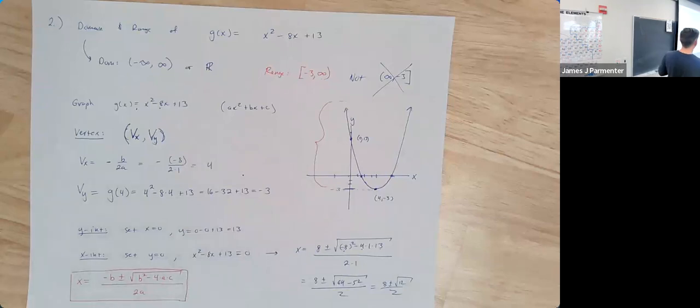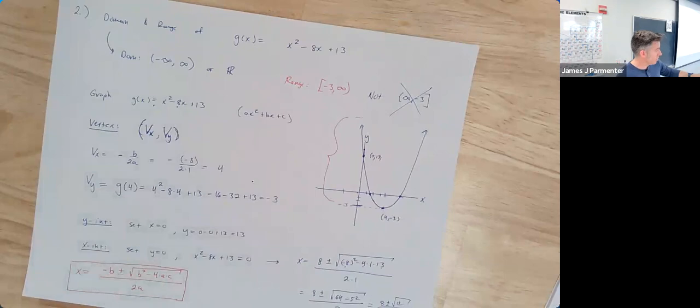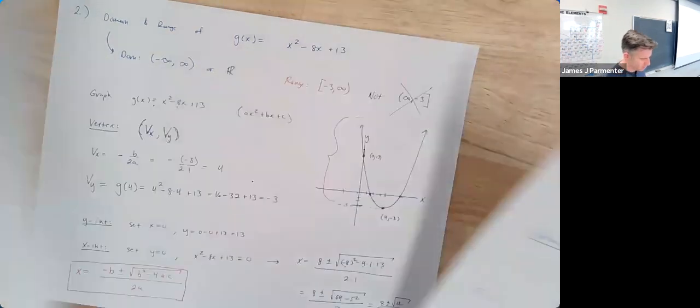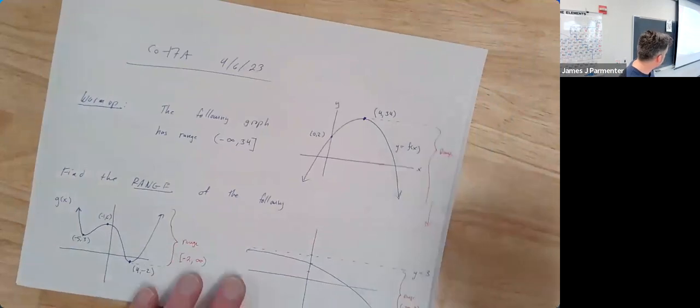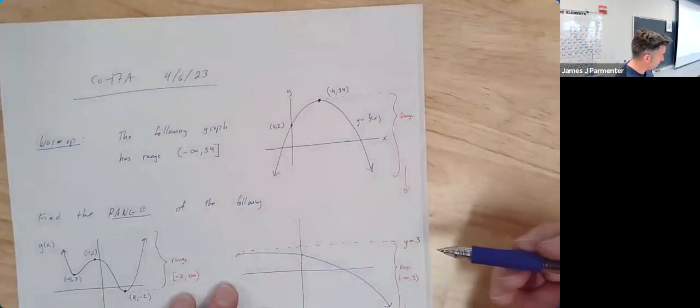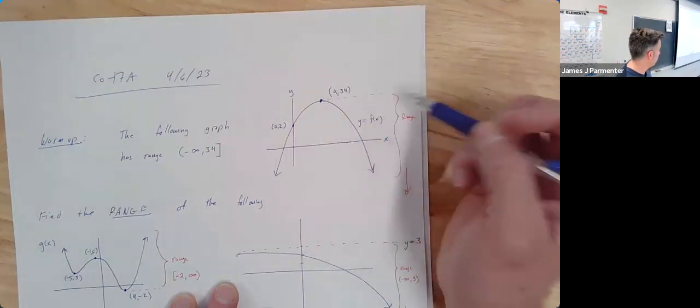So if the parabola was going down, it wouldn't be negative infinity to... No, you're correct. In fact, if you look back at the warm-up problem that I started with, this parabola certainly had a vertex at 4,34.